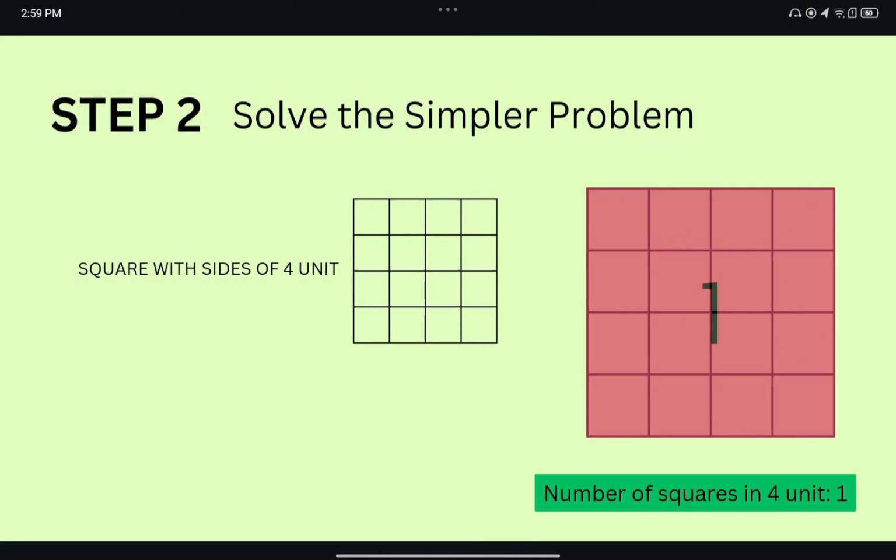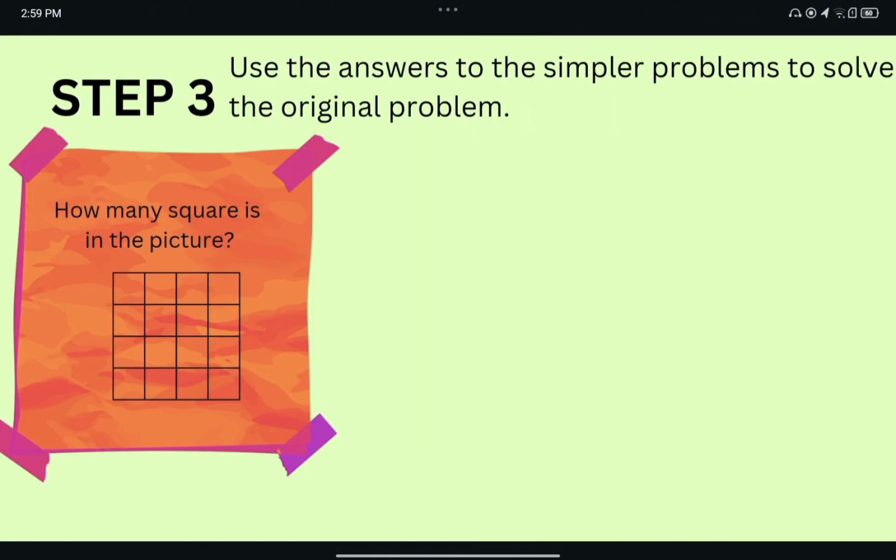So, let's proceed to our step 3. We will use the answer to the simple problem to solve the original problem. How many squares are in the picture? Squares with sides of 1 unit is equal to 16.